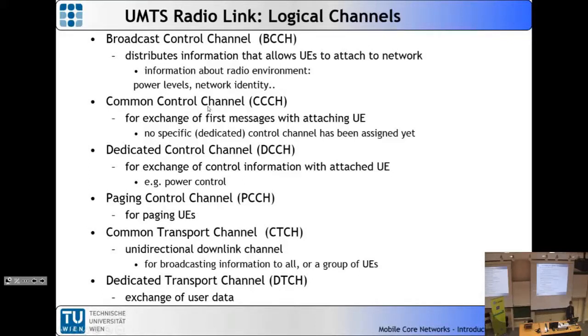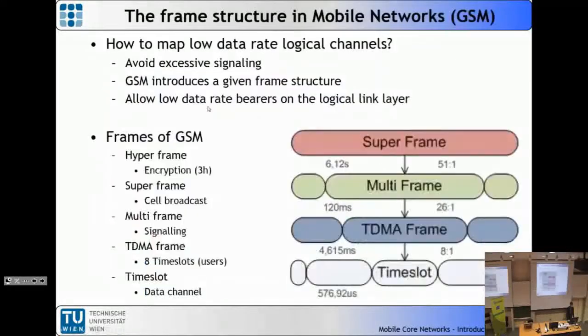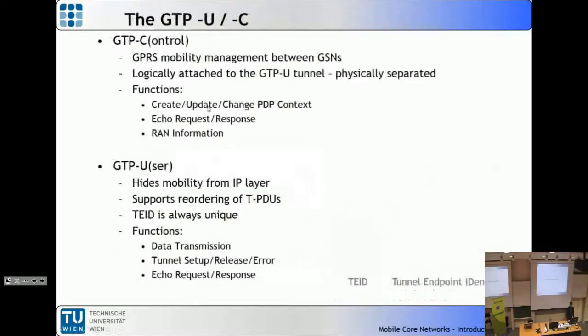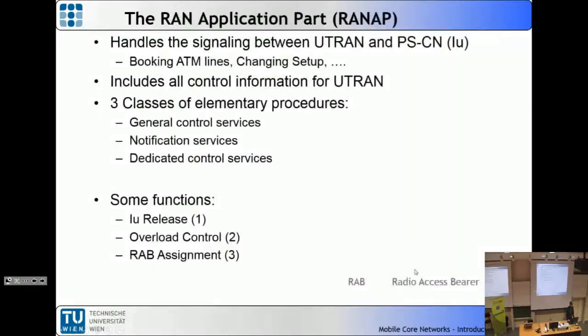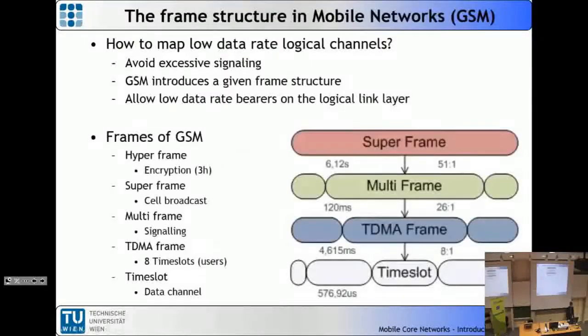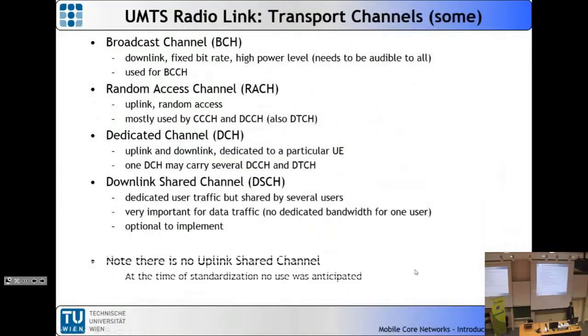Again, we would fall back to this procedure. A common channel is typically connected to something like a standby or an idle case. So something where you are not actively transmitting data. So let's jump here.